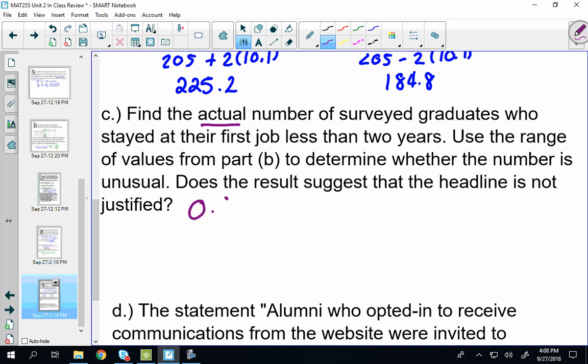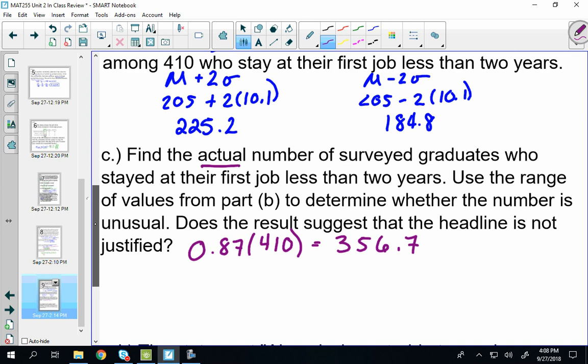So I'll do 0.87 times 410. If I do that, that gives me 356.7. If we look at our usual and unusual range, this is definitely unusual because it's above that 225.2. So our answer would be yes, it is justified.